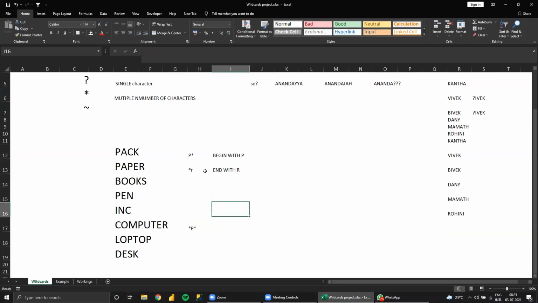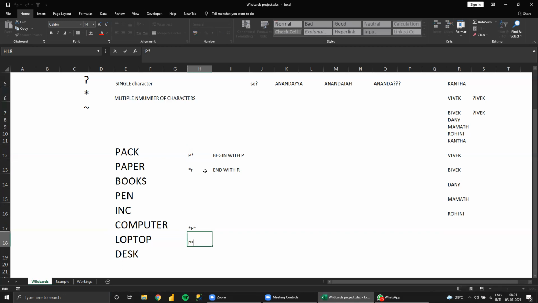Suppose here this is P. When you put P here, it will end with P, so a lot of these can be picked.